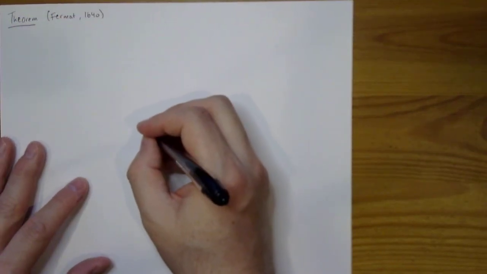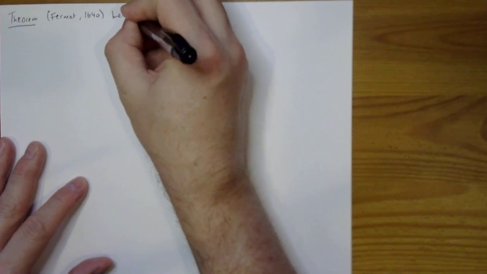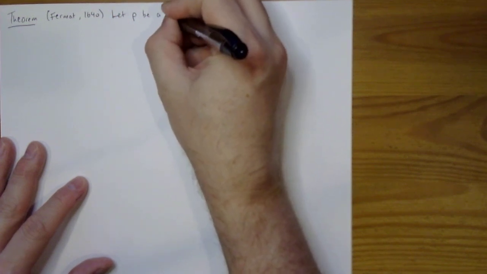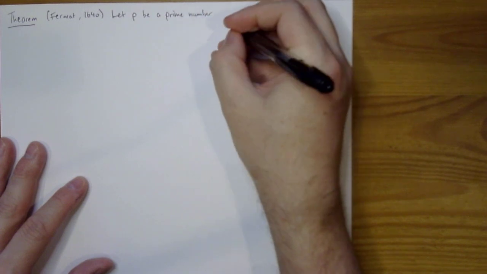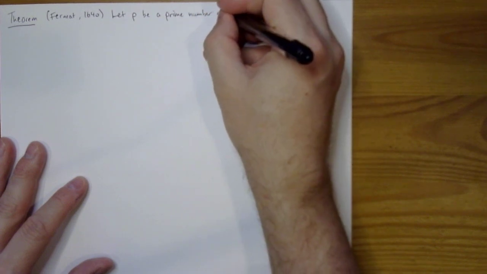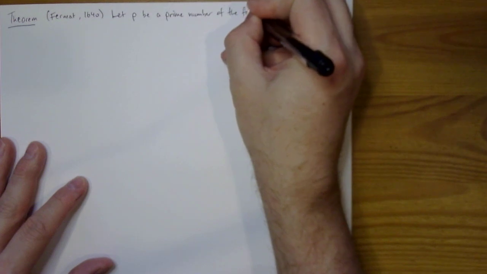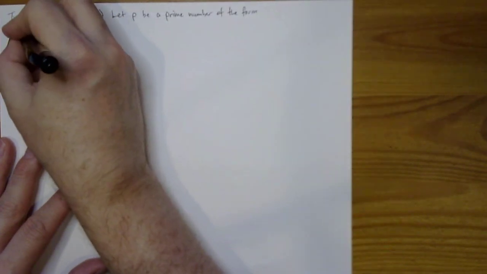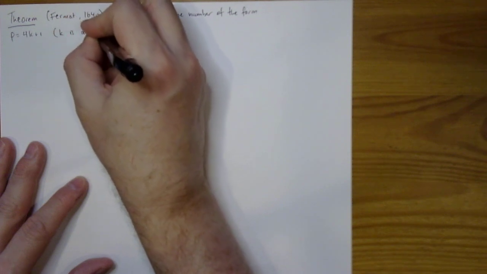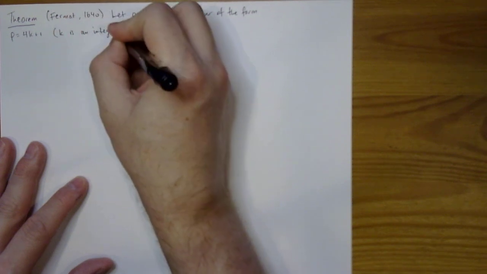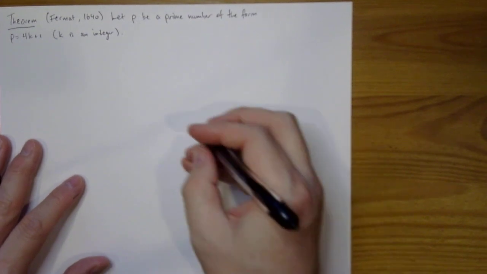So here's the theorem. Let p be a prime number of the form p equals 4k plus 1, where k is an integer. So it's a multiple of 4 plus 1.